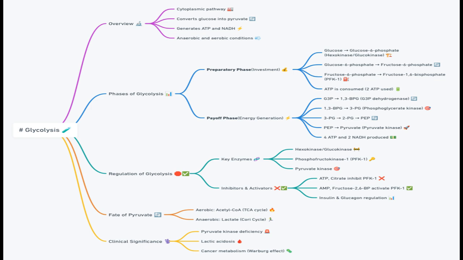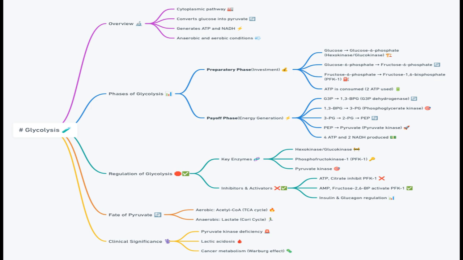So glycolysis actually plays a key role in energy metabolism by providing a significant portion of energy utilized by most organisms. So generally know from glucose to glucose 6 phosphate, fructose 6 phosphate, fructose 1,6 bisphosphate to 1,3 bisphosphoglycerate, 3 phosphoglycerate to 2 phosphoglycerate, and then phosphoenolpyruvate, and then finally to pyruvate.